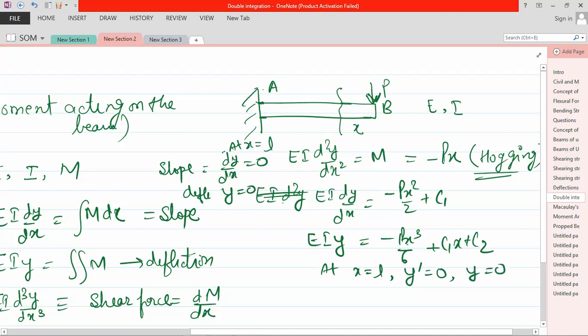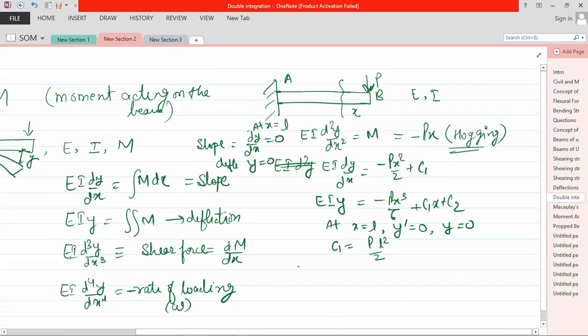So if we put x is equal to L, then c1 would be PL square by 2. And if we put it here at x equal to L, we get the C2.